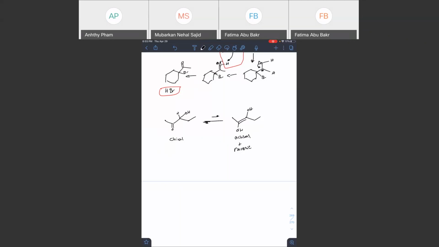Yeah, you can't have something that's achiral and racemic. So I think what he might have meant by this is that it's achiral and then it will become racemic when it goes this way.